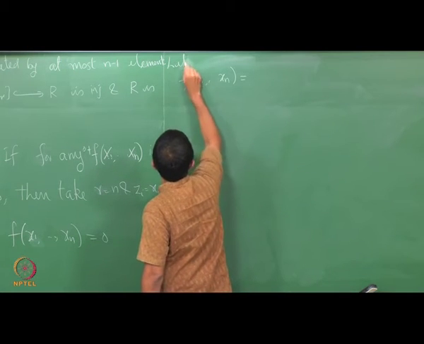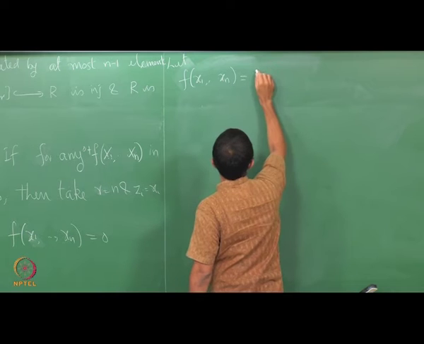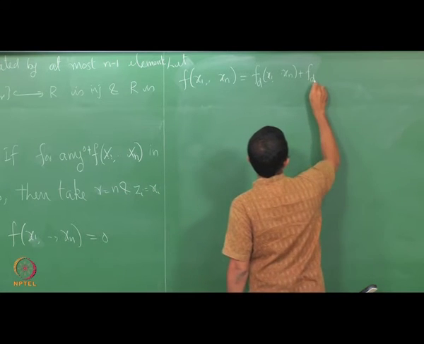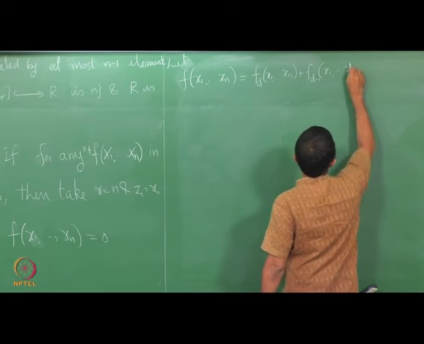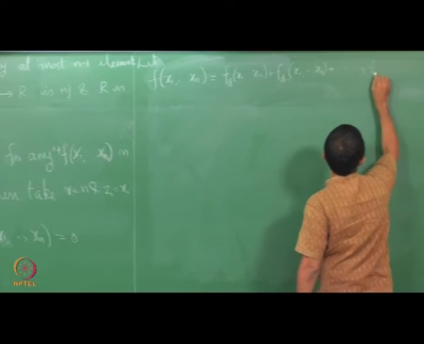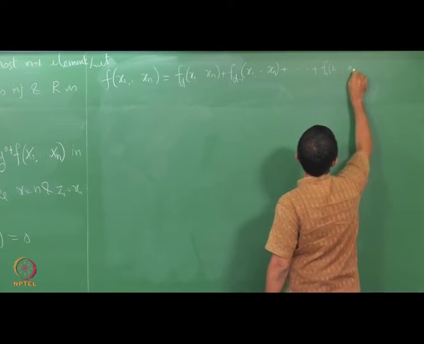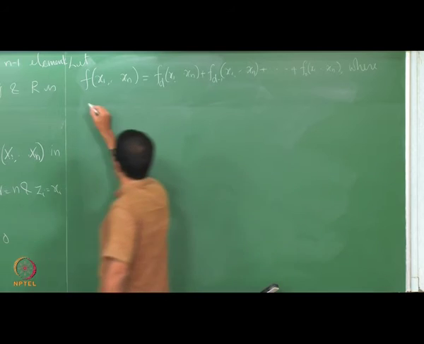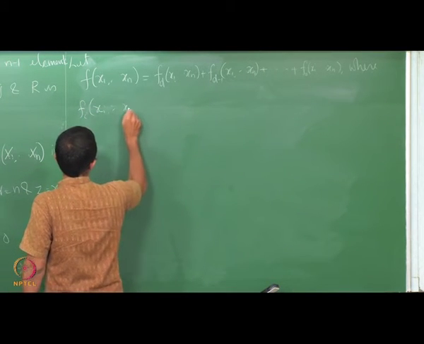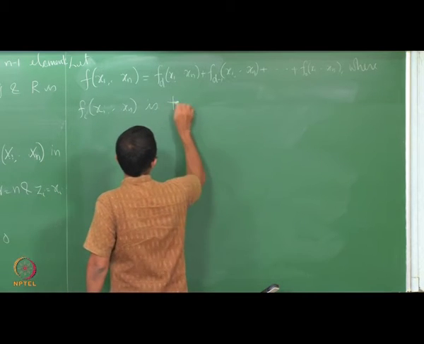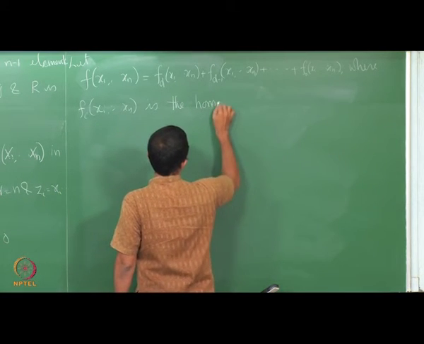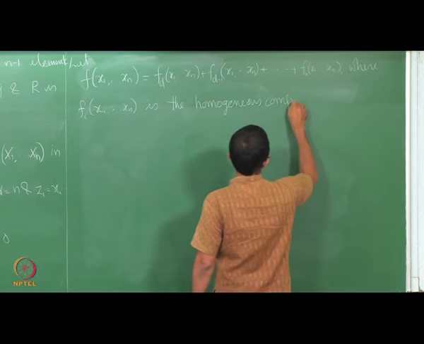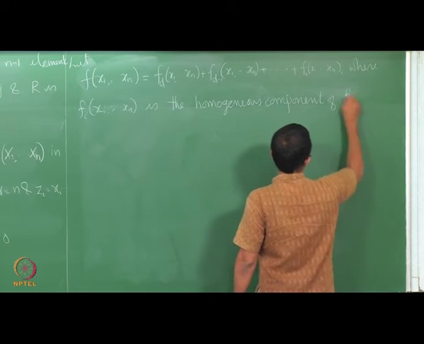Let us write it like this, f equal to the sum of f_i of x1 up to xn, where f_i is the homogeneous component of degree i.